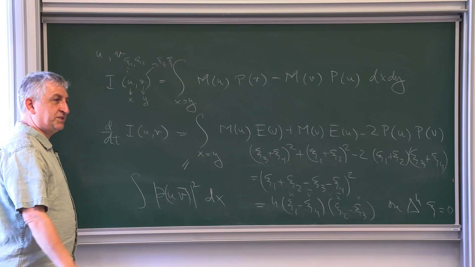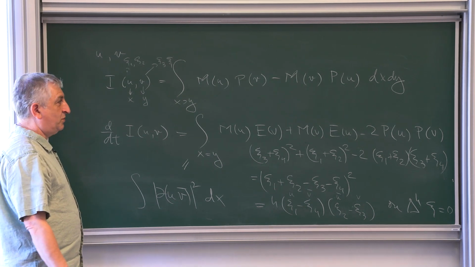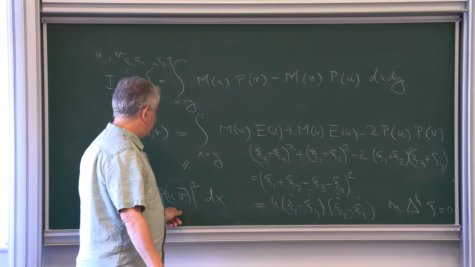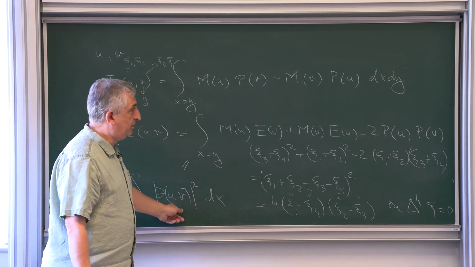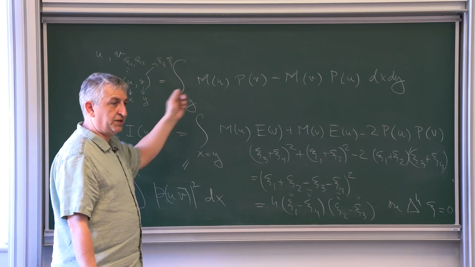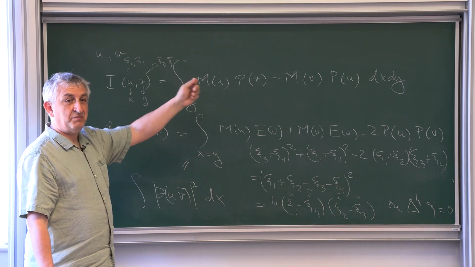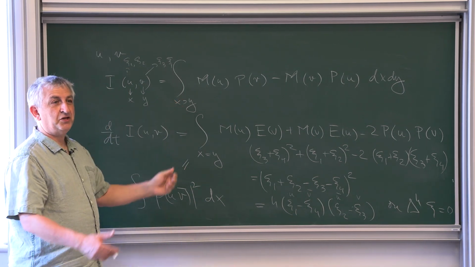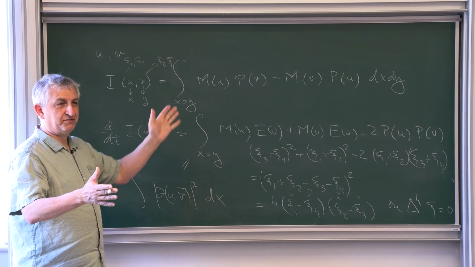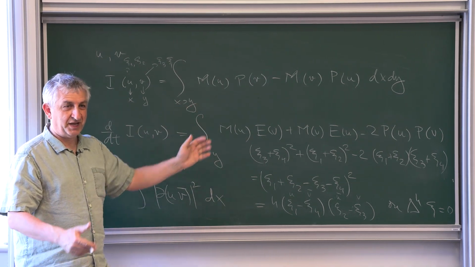And then comes work. Comes work because you would like to, first of all, do this for the paradifferential equation. When you do this for the paradifferential equation, you have the metric factors. And you might say, oh, this is easy, right? Because the metric factors are the same all over the place.